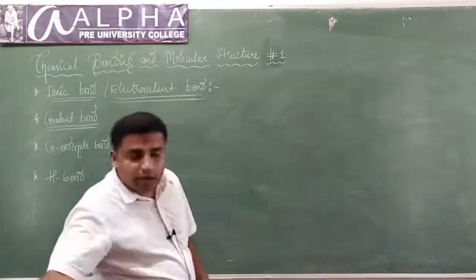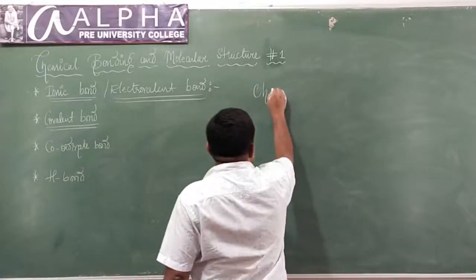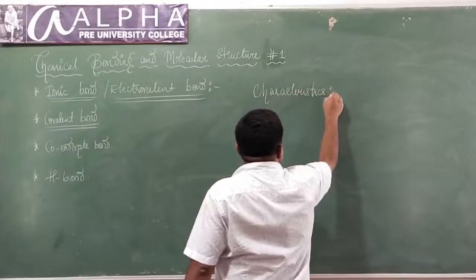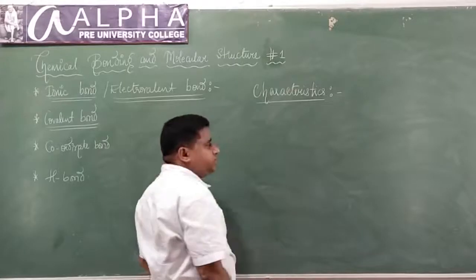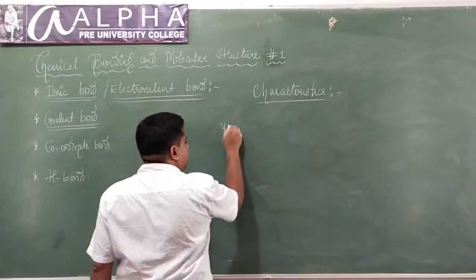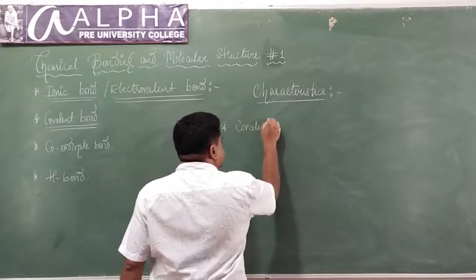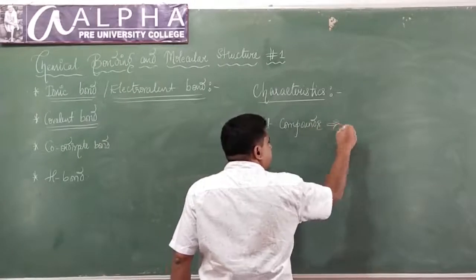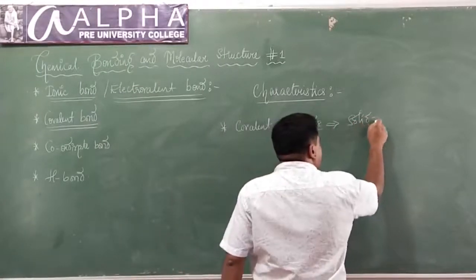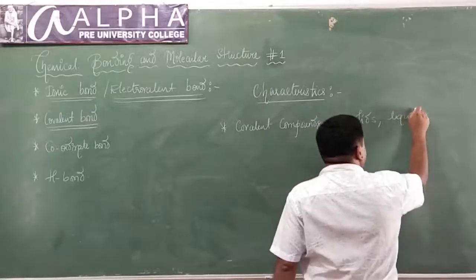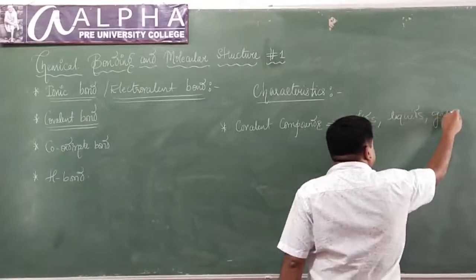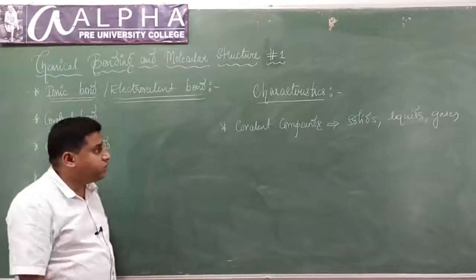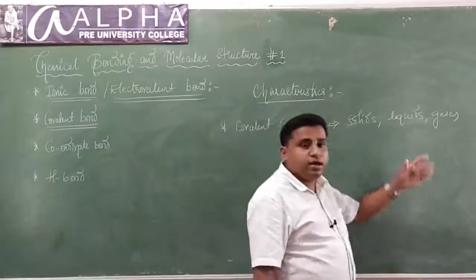Usually covalent compounds might be solids or liquids or gases, but ionic compounds are always crystalline solids, whereas covalent compounds might be solids, liquids or gases.